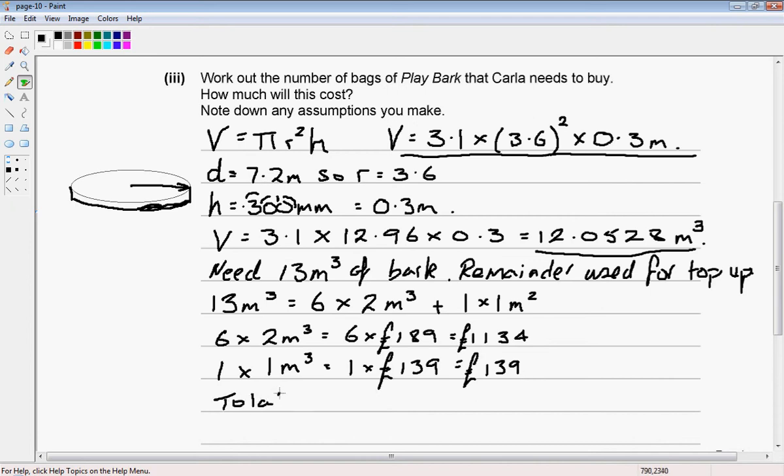So the total cost would be 1,134 plus the 139.